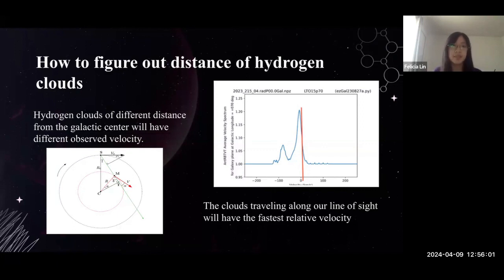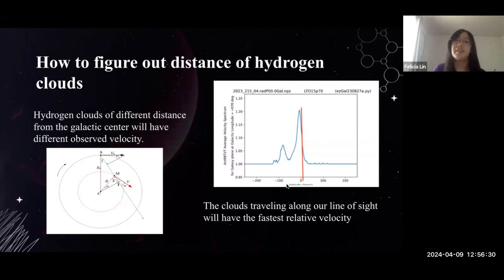And in every hydrogen that we see would have different velocities, because some hydrogens aren't traveling along the line of sight and some are. And using the relativity of these velocities, we could figure out where the different hydrogen clouds would be.